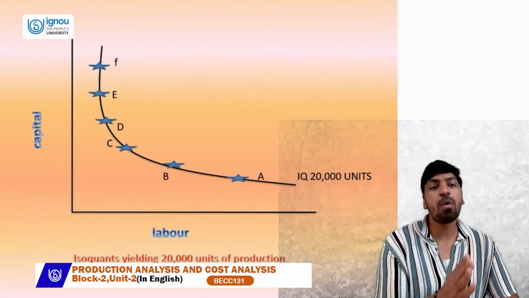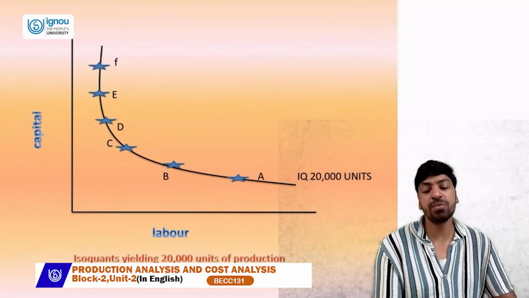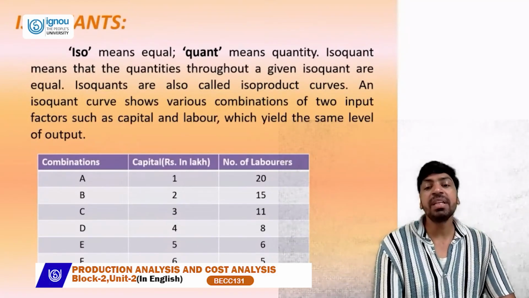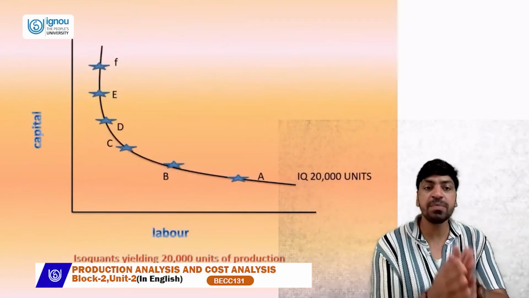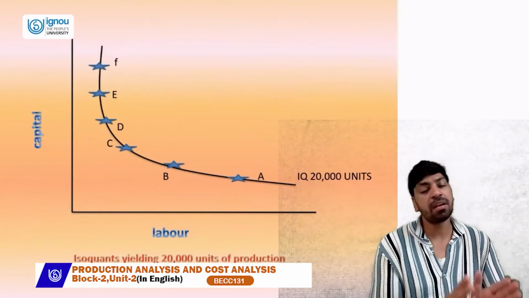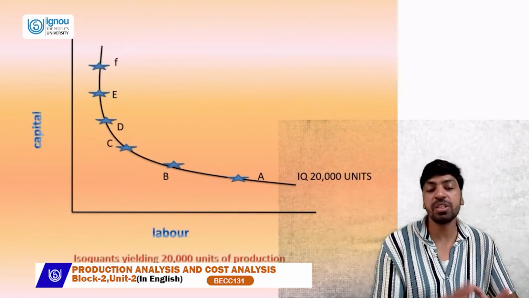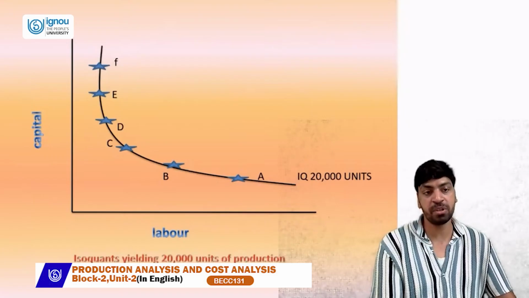These are the points A to F drawn in the diagram: 20, 15, 11, 8, 6, and 5. Using these, the number of labor and these points have been drawn, and accordingly the isoquant is assumed, which yields or produces 20,000 units of production.